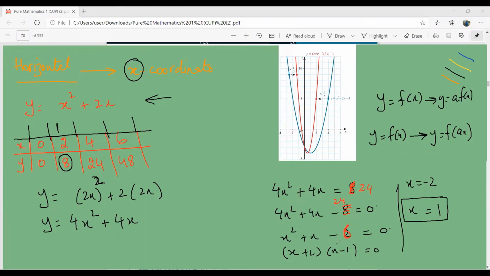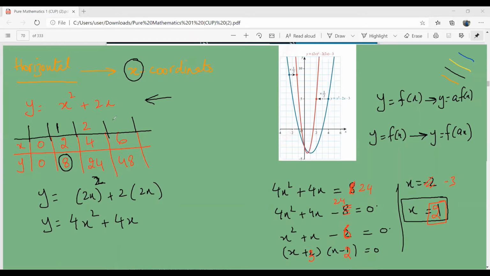And I can again factorize this as x plus 3 into x minus 2. So I have two coordinates here: one is minus 3 and the second is going to be 2. I'll be taking the positive one here. So look at this, this x coordinate is going to be 2. Can you guess what would be the x coordinate for this 6 now?